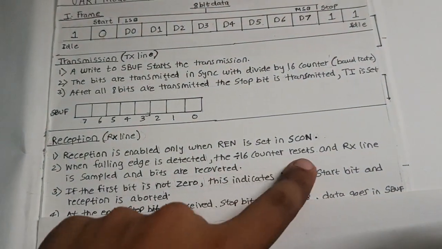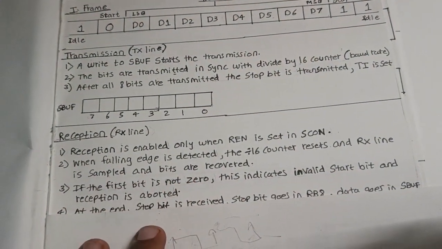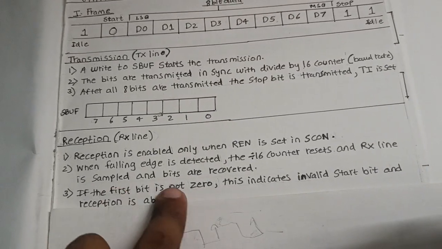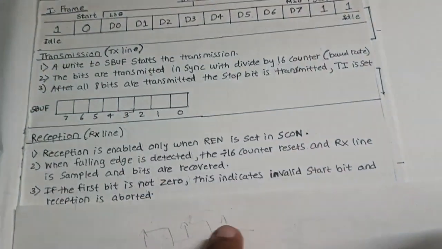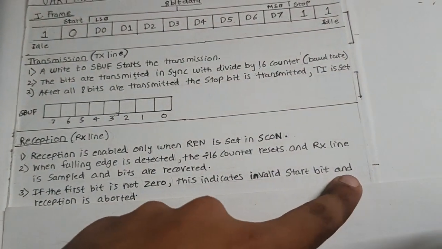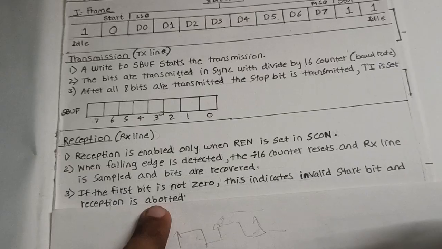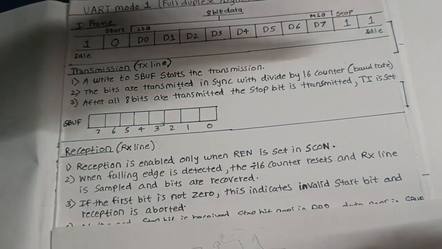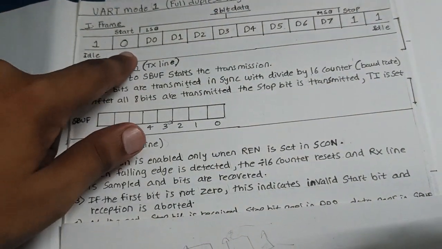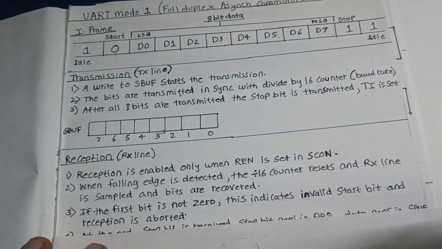But if the start bit is not 0, this indicates an invalid start bit and the reception is aborted. So if a start bit is not detected, it will not take these 8 bits. But if a start bit is detected, all these 8 bits are stored in the register.